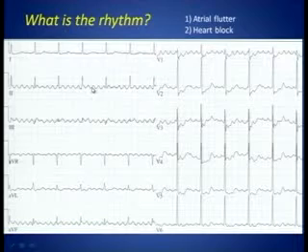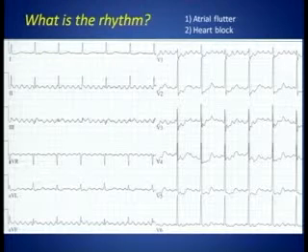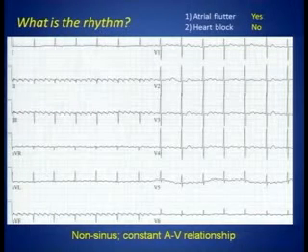If it is not constant, then they are independent. So this is AV dissociated. This ventricular rhythm is not conducted. That's the difference between this and the previous ECG, which is conducted. Does that answer your question?